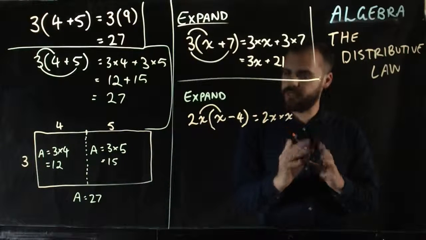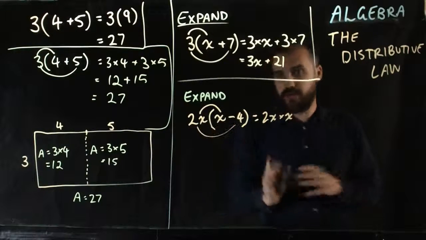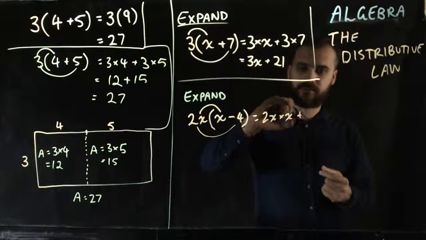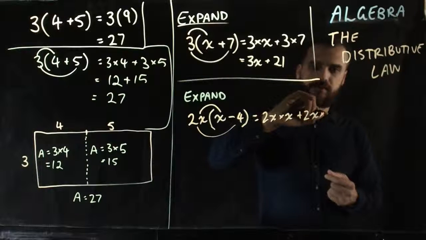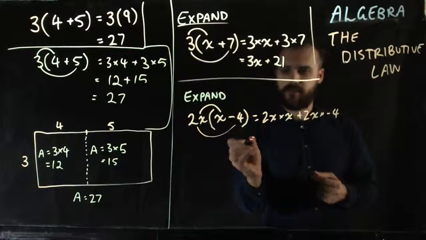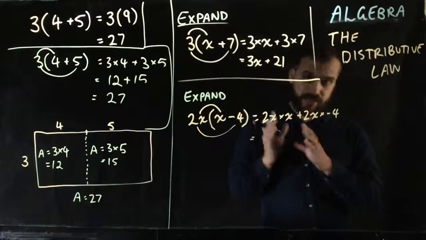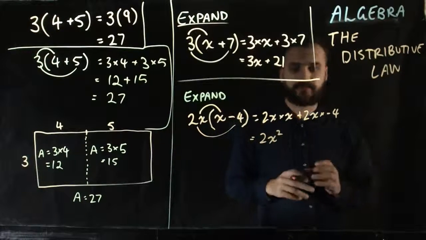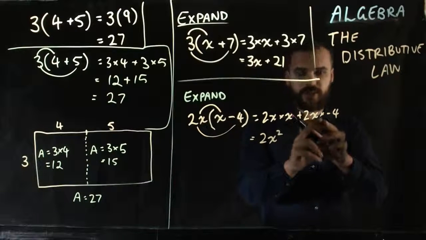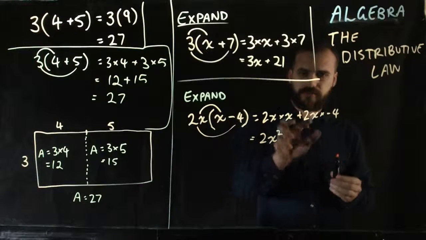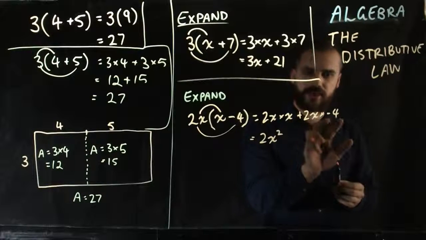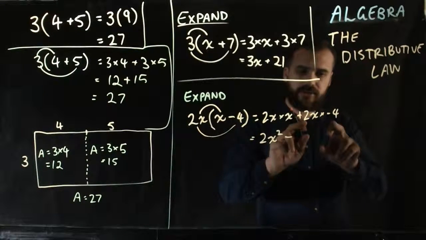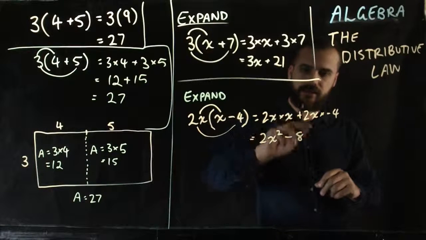And then be careful with this next bit. 2x times negative 4. So 2x times x is x squared, so that's 2x squared, plus 2x times minus 4. Now a positive times a negative is going to be a negative. Negative 2 times 4 is 8x.